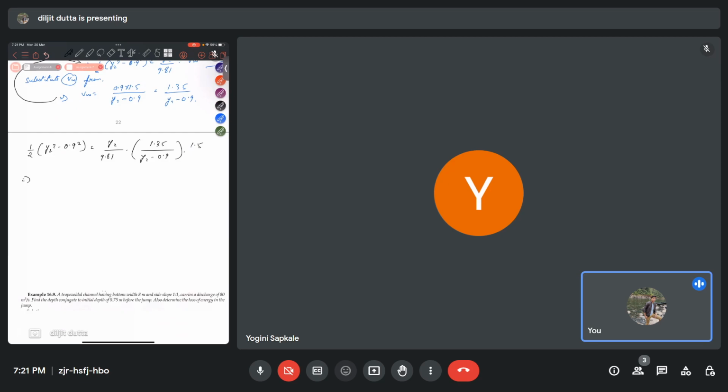If we rearrange the terms, we'll get the equation as y2 cubed minus 0.9 y2 squared minus 1.223 y2 plus 0.72.